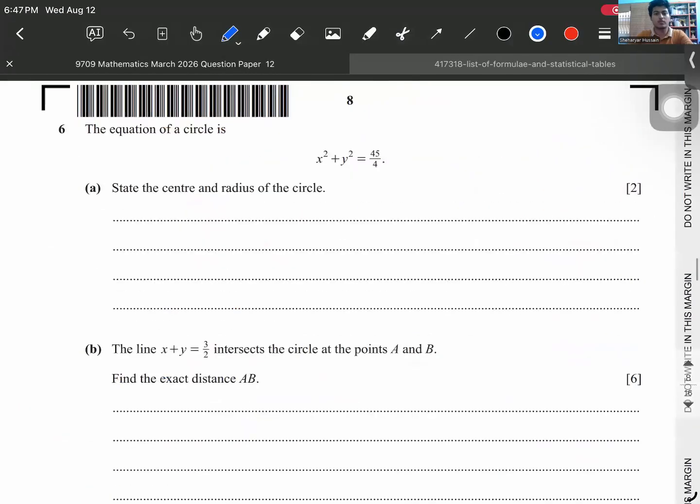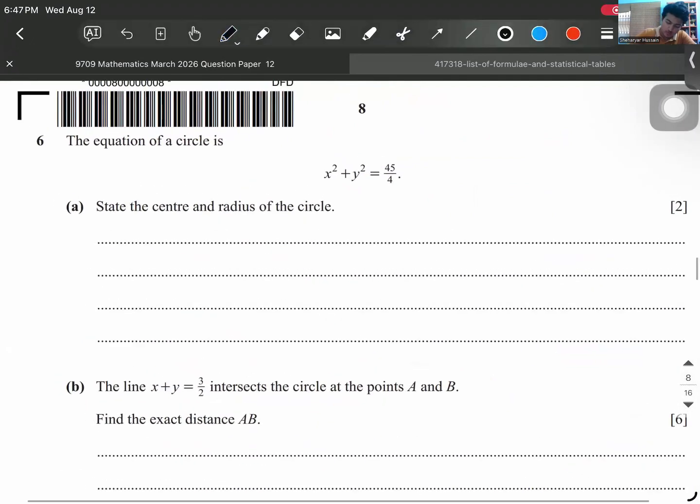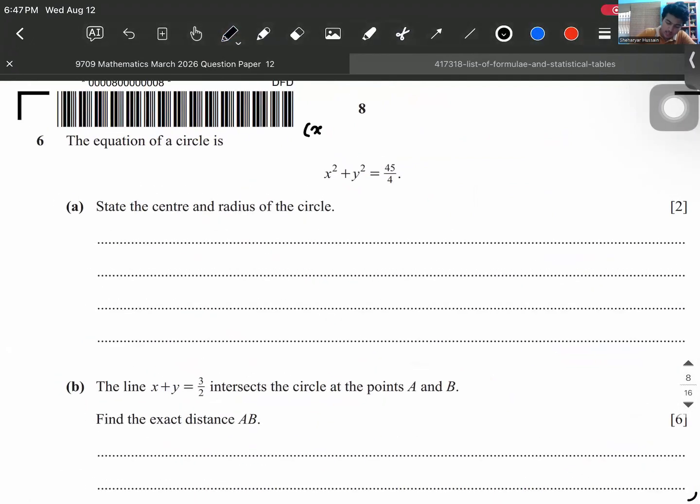Okay, moving on to question number 7. Sorry, question number 6, my bad. Question number 6, the equation of a circle. Before we move on, the generic equation of a circle is x minus a the whole thing square plus y minus b the whole thing square equals r square, where a and b are the values of your center. As you can see, we have no values of a and b.